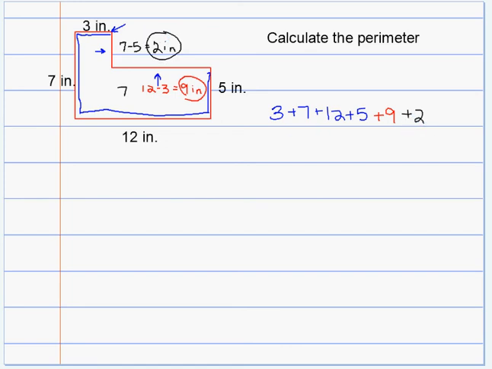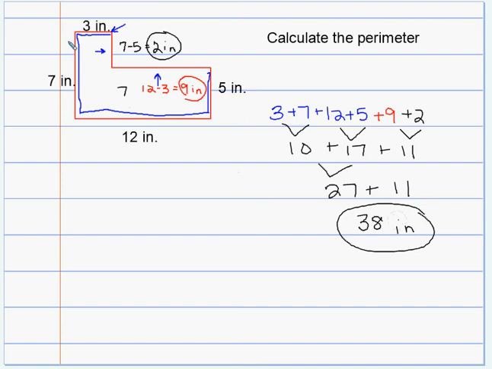Now we can add them all up. So 3 plus 7 is 10. 12 plus 5 is 17, and 9 plus 2 is 11. 10 plus 17 is 27, plus the 11 is 38. Now, what were my units? They were inches, so that is the perimeter, or the distance around that polygon, 38 inches.